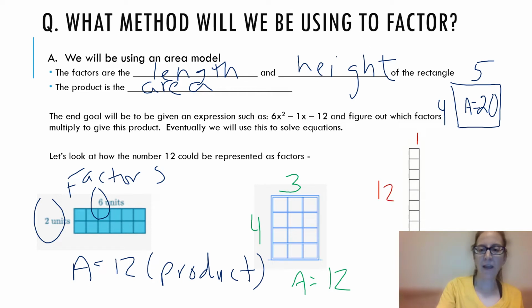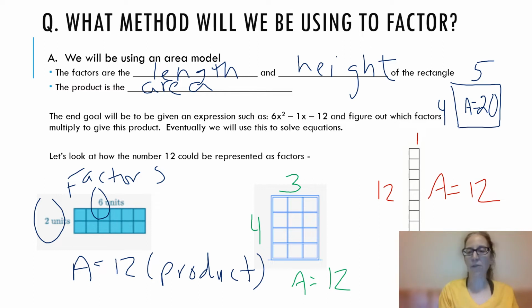Okay, and in this one you would count 1, 2, 3, 4, 5, 6, 7, 8, 9, 10, 11, 12. Kind of going underneath the picture there, and we would have that area of 12. Right, that's pretty much how the area model works.